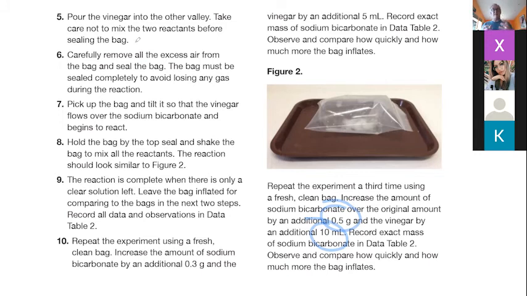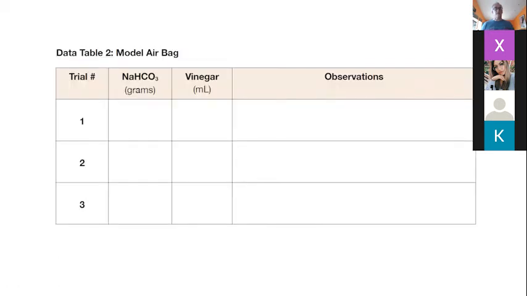And you see what happens to the reaction. Does it occur faster? Do you get greater volume? Do you get greater pressure? All these things go into data table 2, where you record your observations for the first bag, the second, and the third. Do they look different?